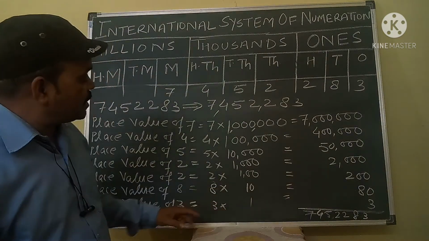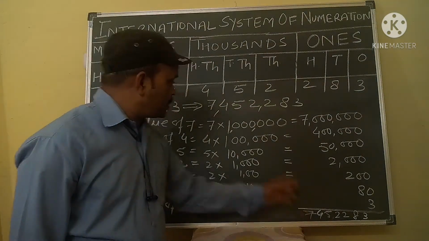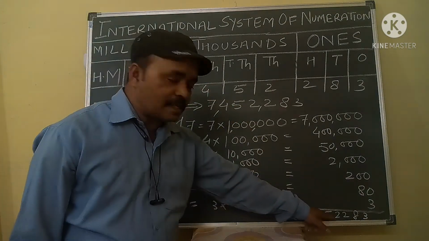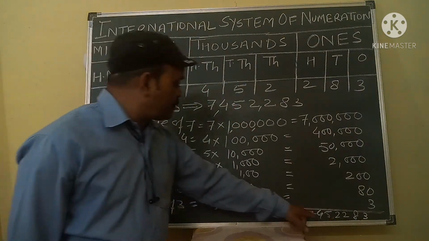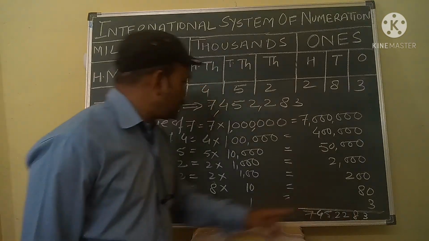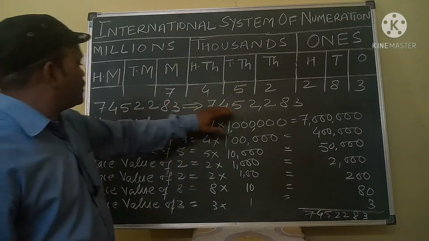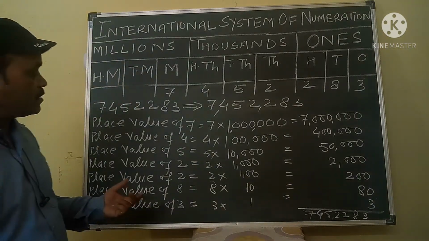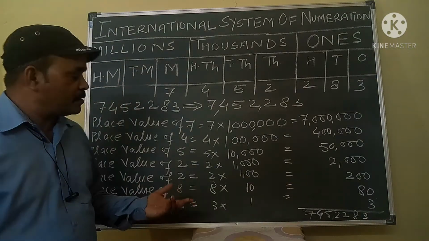Then after we will get the given number. Which number is given? That sum will be there: 7, 4, 5, 2, 2, 8, 3. Okay. Then after, what is your next step?